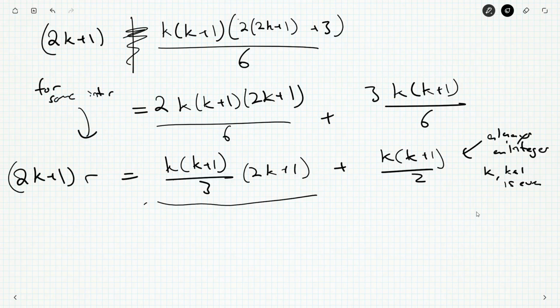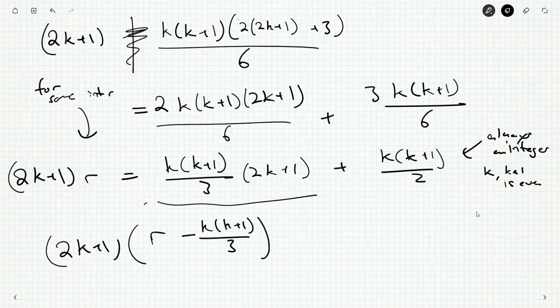So for some integer r. Okay, then 2k plus 1 times r minus k times k plus 1 over 3. So this has got to be equal to k times k plus 1 over 2.